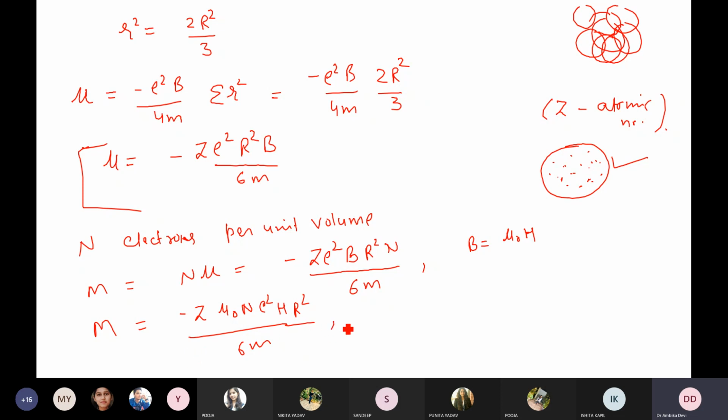We also know that diamagnetic susceptibility is given by M upon H. So what will be the value of susceptibility? If you divide this by H, then here you will get the value of susceptibility.